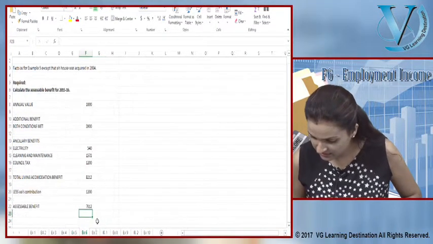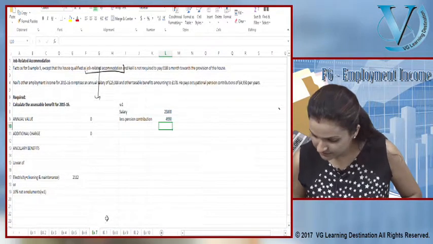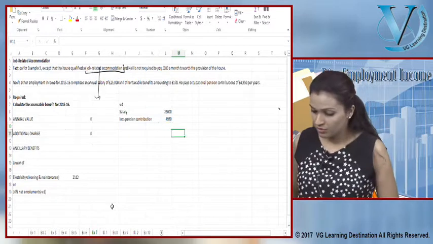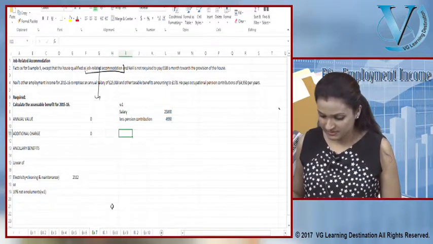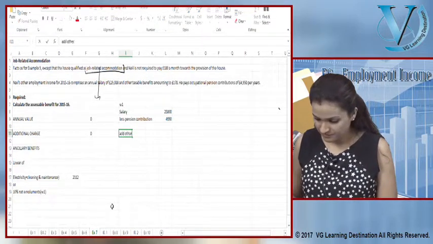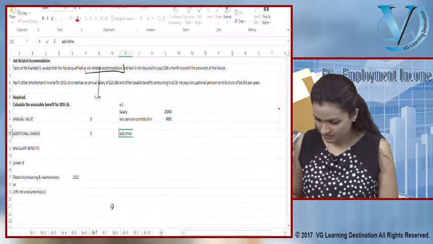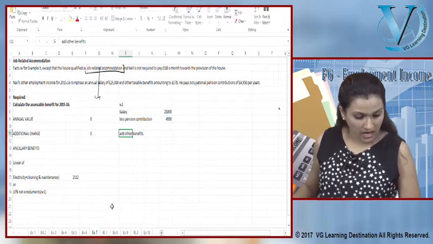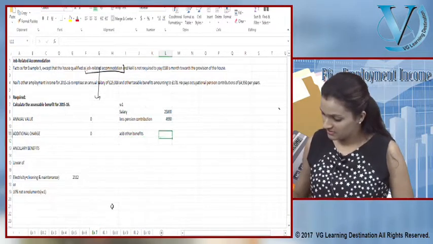This we've already done. Right. So what do we have? How much is left? You add the other benefits. Other benefits, assumingly say, are 170.